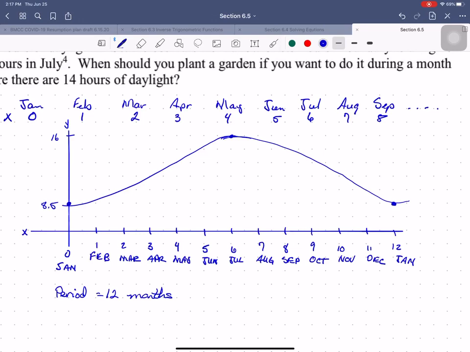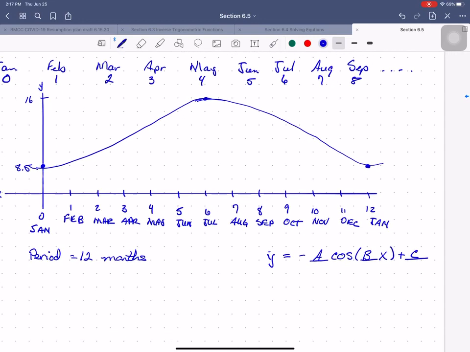Well, it goes through the y-axis at a minimum, so it looks like a negative cosine. So my function, my y, my hours of daylight, is going to be a negative something times a cosine of something times x plus another something. And we usually say that this is a, and this is b, and this is c, or sometimes k.